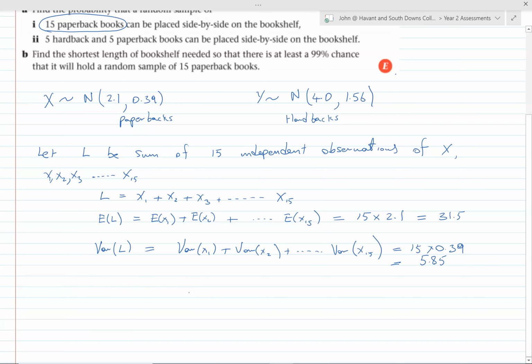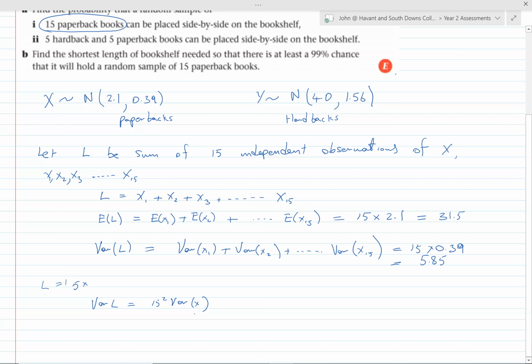So if ever you're taking different samples, different observations from a distribution, we're always doing it like this. But if you've got somehow a function of a random variable, which could have certain meaning in context, then if L is equal to 15X, the var of L would be equal to 15 squared times the var of X. But that's not what we've got here.